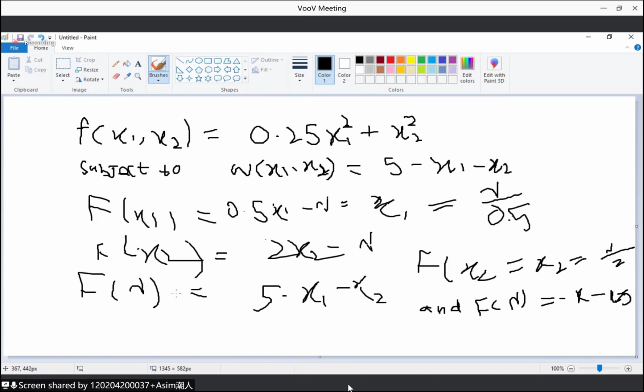Now putting the values of x1 equal to lambda by 0.5 and x2 equal to lambda by 2 in the lambda equation, we will get lambda equal to 2. From this value we can get different values by putting it into the equations, from which we can conclude the minimize or maximize function.